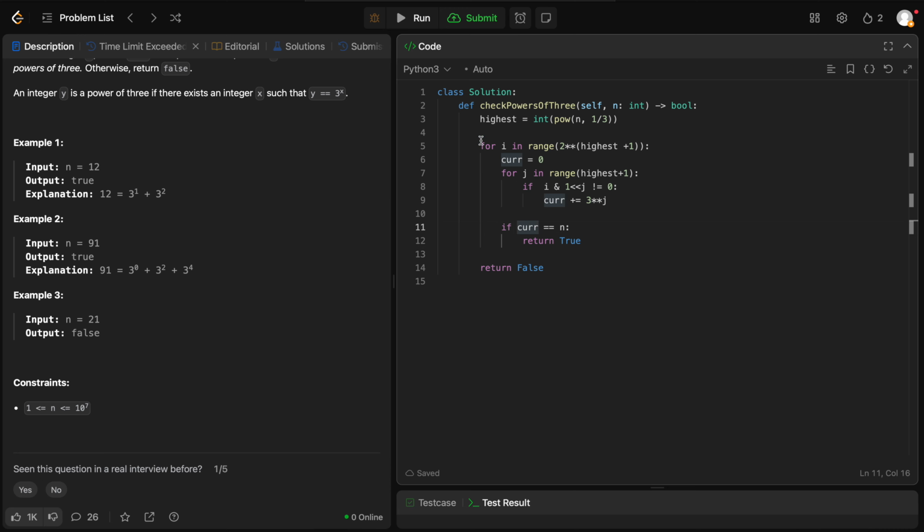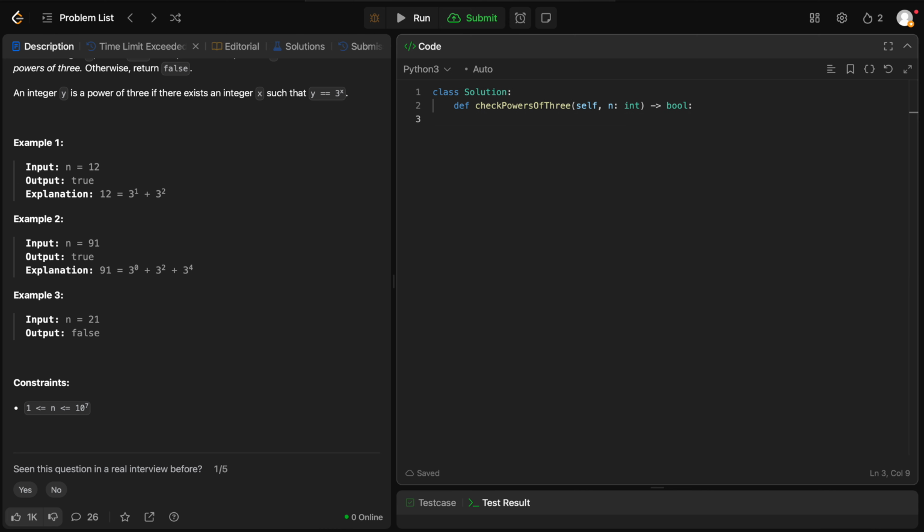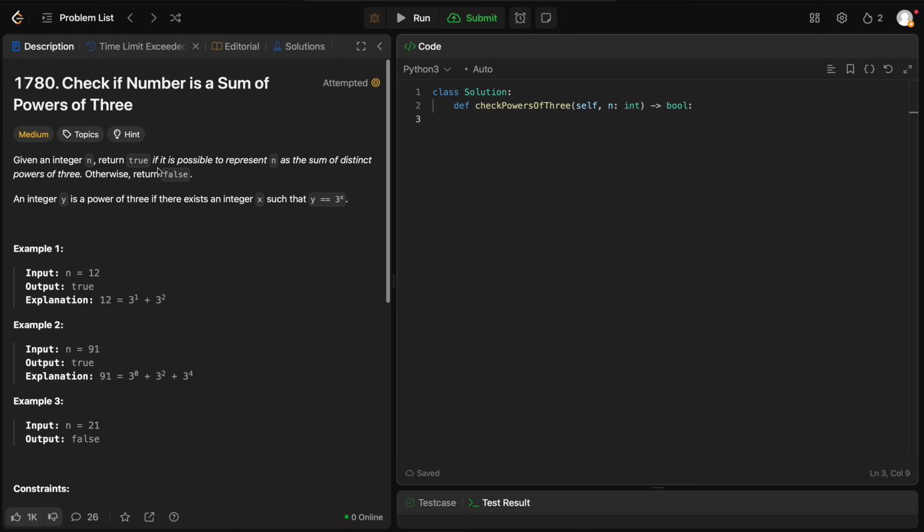and there is a simpler way to do this. If you think about it, let's imagine we had a task to check if a number is a sum of powers of 2. What would that be? So let's imagine I have 8 plus 4.